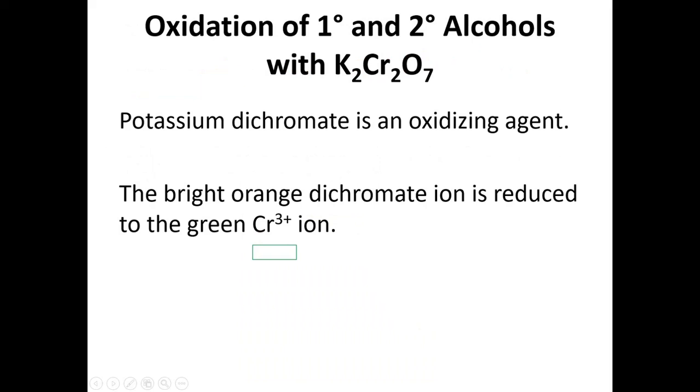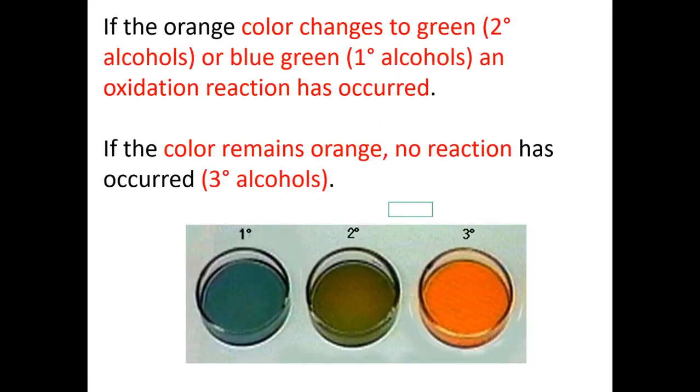Oxidation. So basically, we can also do the oxidation test of primary and secondary alcohol with potassium dichromate. Potassium dichromate is an oxidizing agent. The bright orange dichromate ion is reduced to green chromium 3 ion.